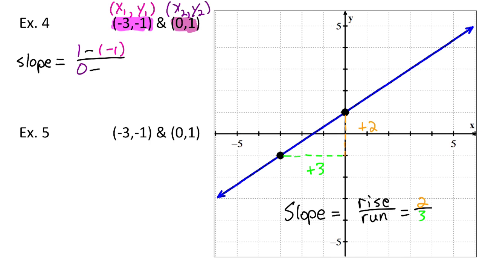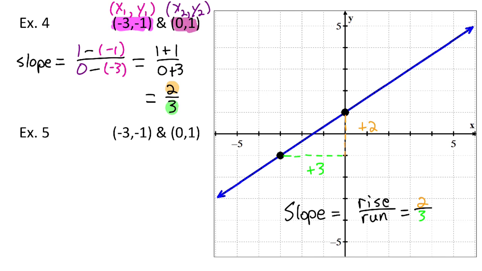Now, it's important to keep track of these positives and negatives, and remember that 1 minus negative 1 means 1 plus 1, and 0 minus negative 3 is 0 plus 3. 1 plus 1 is 2, and 0 plus 3 is 3. So again, our slope is 2/3, just as we saw in the graph before. Matches up. That's important. If it didn't, we would have known that we made a problem somewhere.